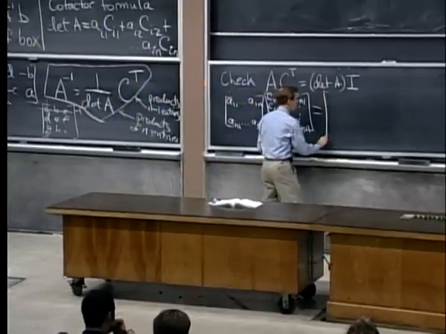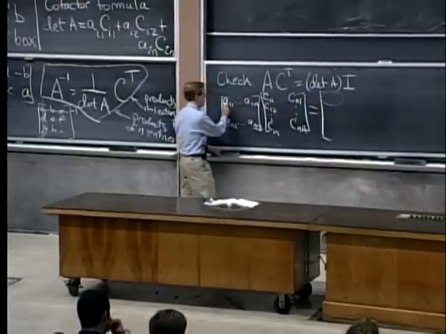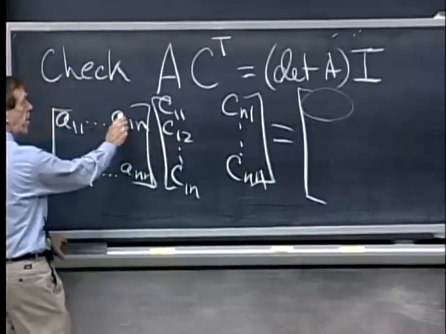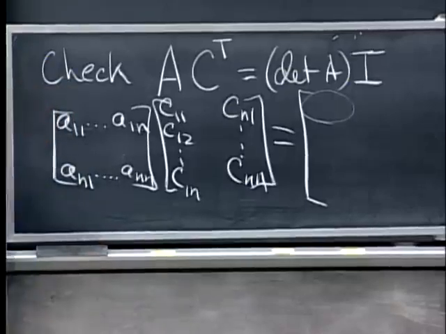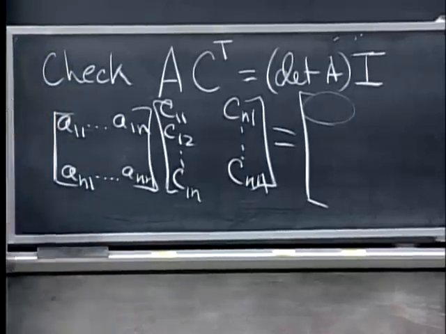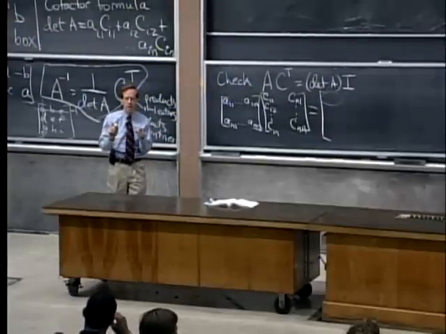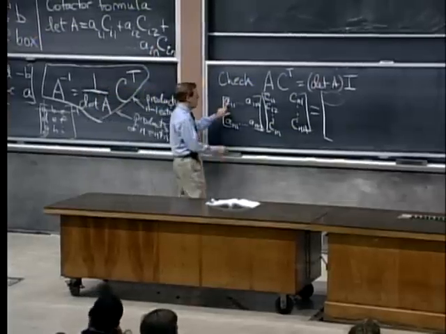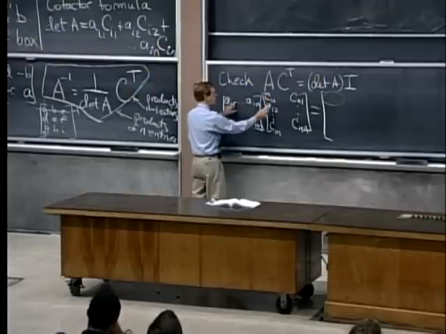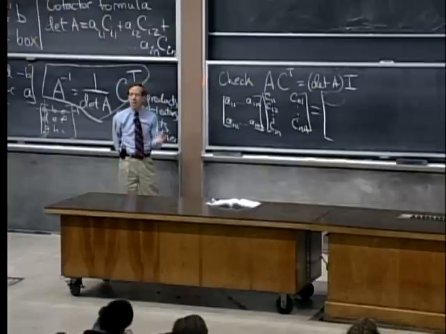What do I get up there in the 1,1 entry when I do this row of A times this column of cofactors? Because we have seen this. We're building exactly on what the last lecture reached. So this is A11 times C11, A12 times C12, A1n times C1n. What does that sum up to?